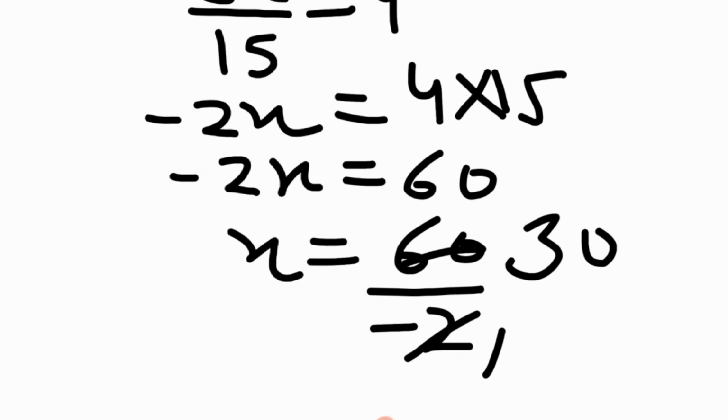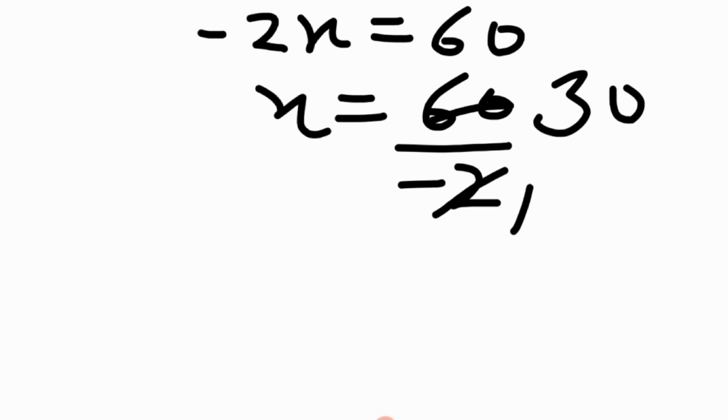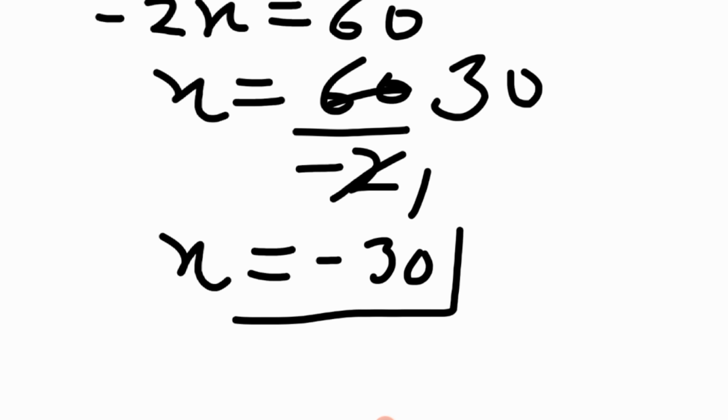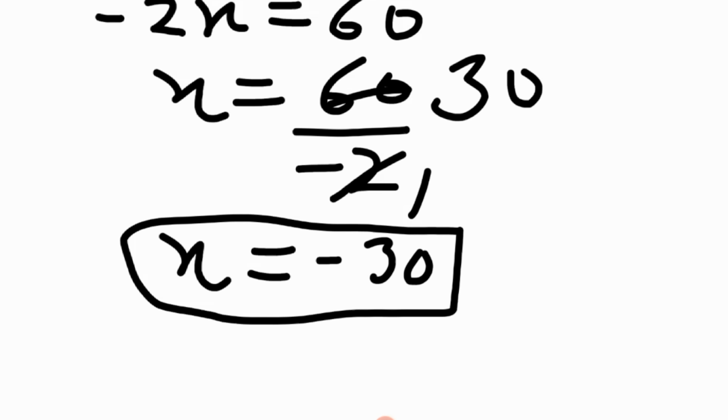So the sign continues, and the value of x is equal to minus 30. There are 4 options in the question: first is minus 30 upon 11, second is 30 upon 11, third is minus 30, and fourth one is 30. So by solving this question, we can say that our third option is correct.